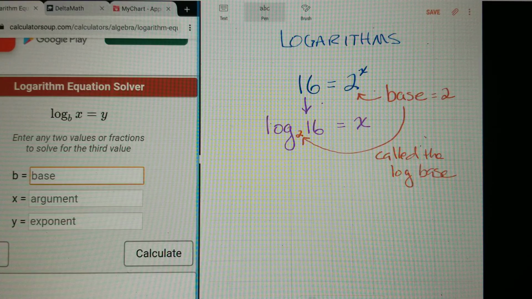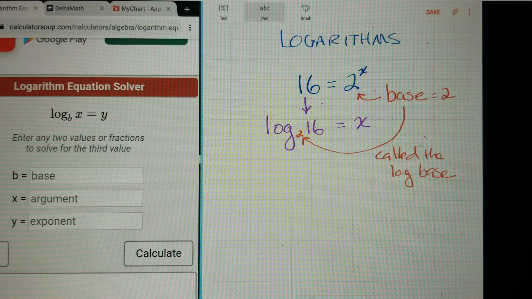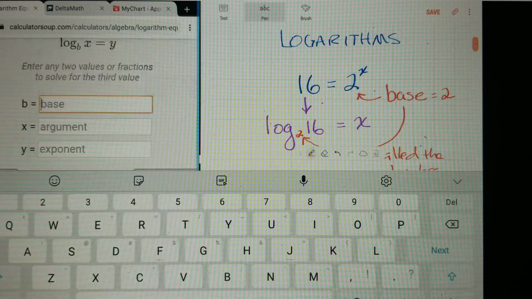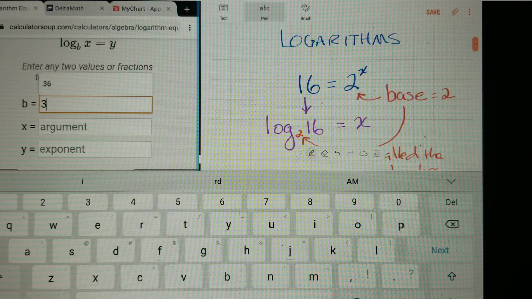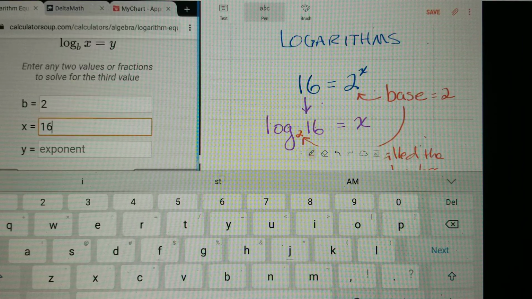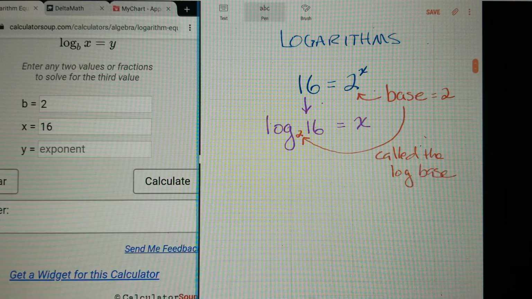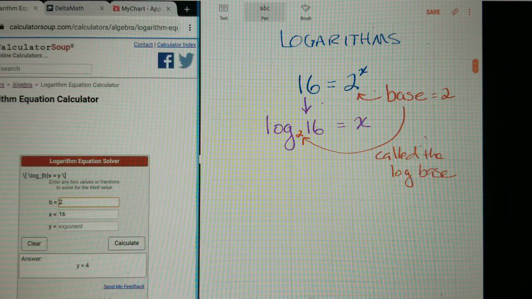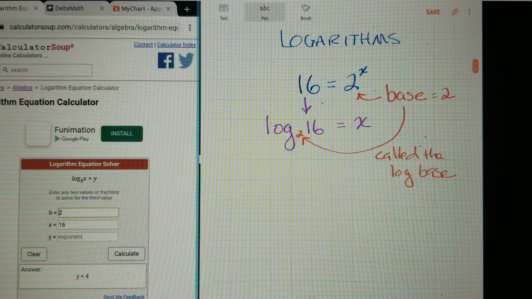So that's the same as log 2 of 16 equals x. Now, you put in any two values. The two values we have are the base 2 and what they call the x argument, which is 16. So we put in a 2 here and a 16 here, and calculate, and that tells us y is 4. So that told us that x equals 4.